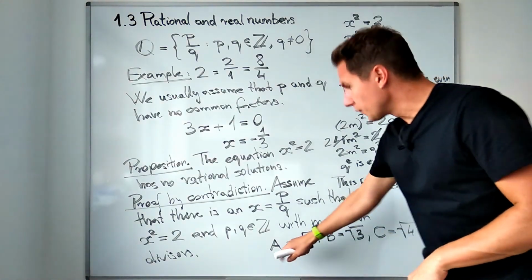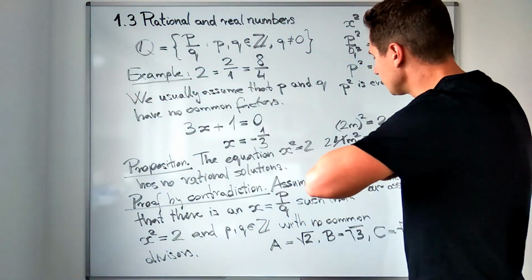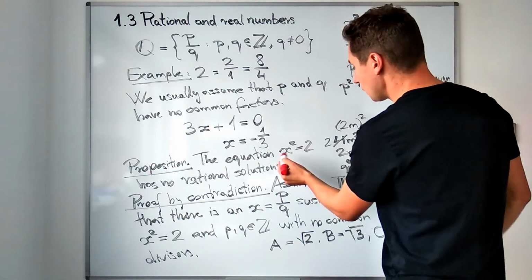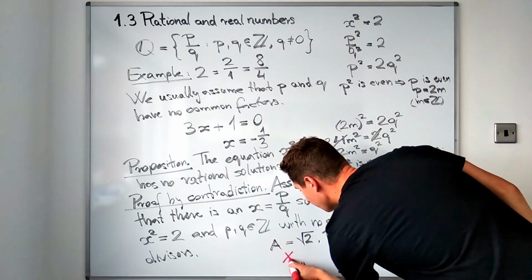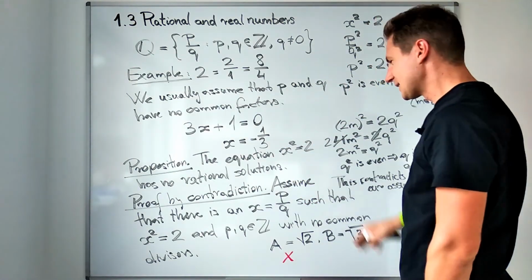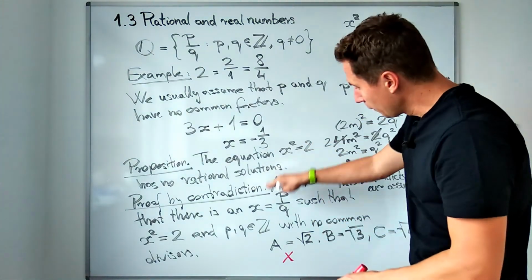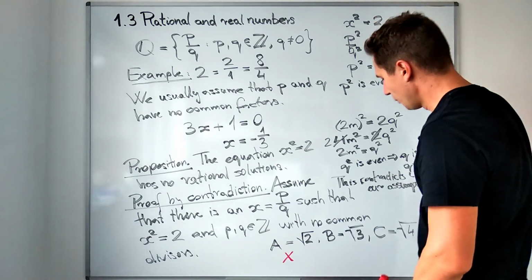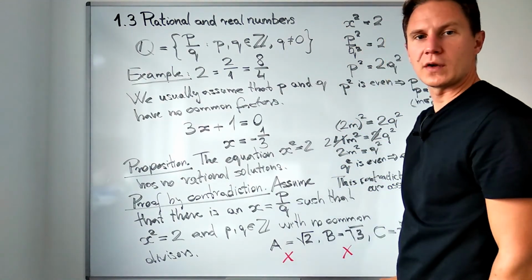Okay, so the first number, root 2, is just this number that we have talked about. This equation, x squared equals 2, has 2 solutions, plus or minus root 2, but they are both irrational, they are not rational. And similarly, if you have looked it up or have gone through the same proof, you could see that the square root of 3 is also not a rational number.